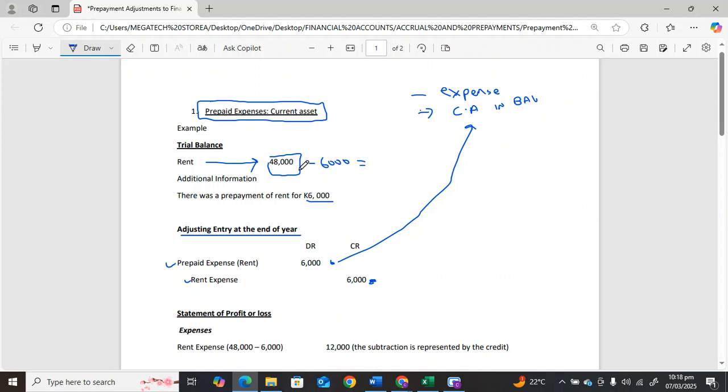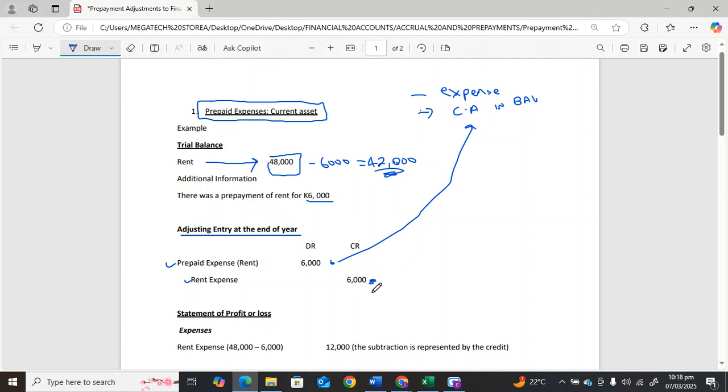So 48,000 minus 6,000 is 42,000. This is the rent for the year, and this is what has to appear in our statement of profit or loss under rent expense: 42,000. Then in our balance sheet, this 6,000 goes under current assets.